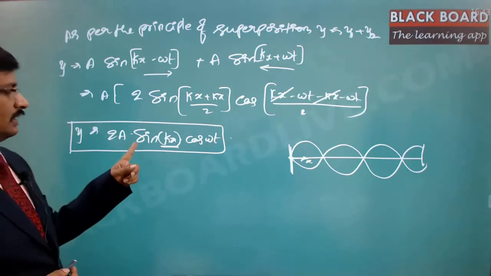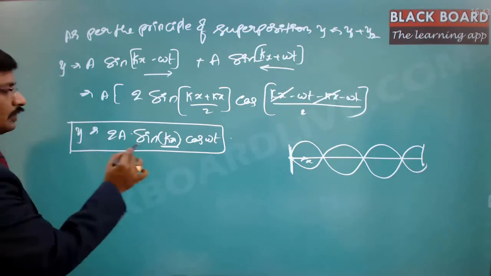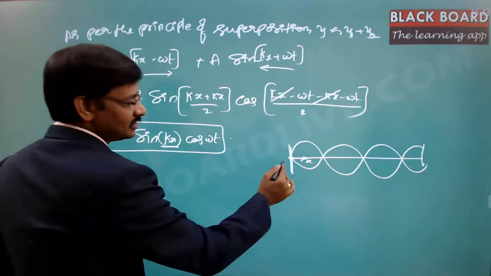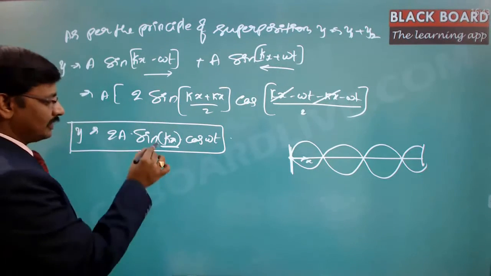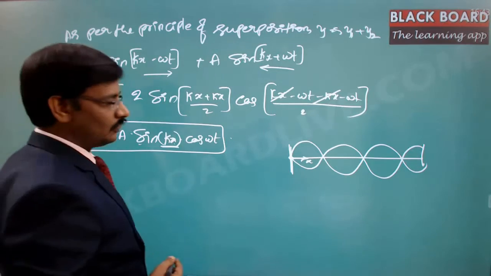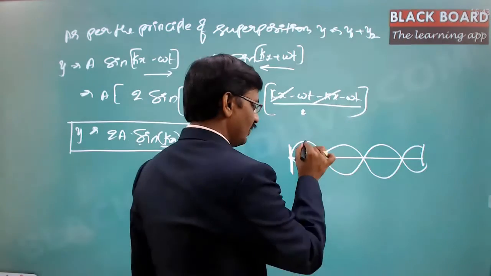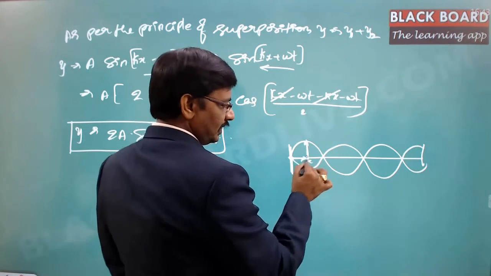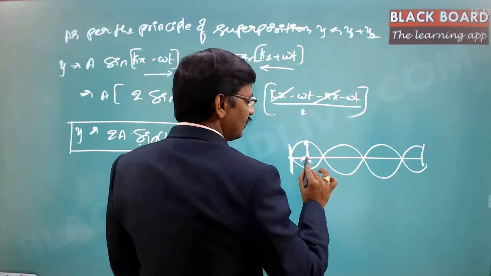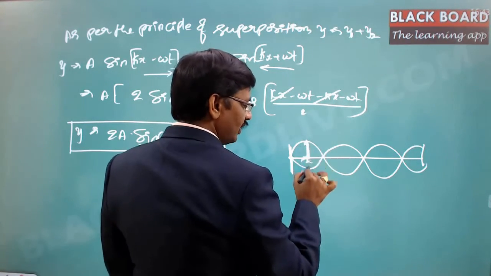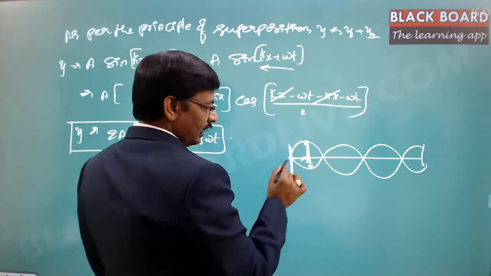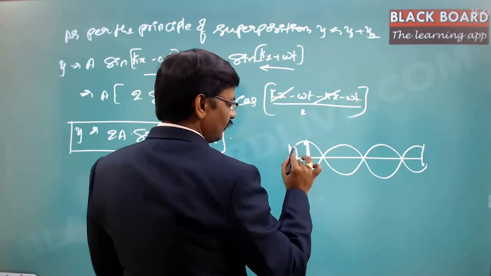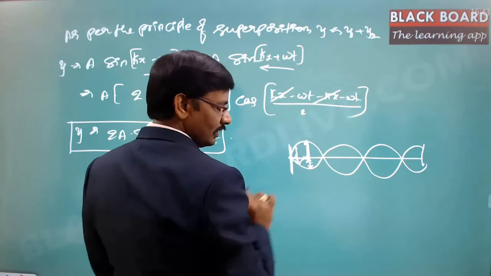If you notice, the maximum amplitude is going to be decided by the displacement from the origin. So that means sine of kx value is the maximum here, and the particle of the string at this particular point is always deviated by the maximum value on either side. And here it is deviated by a smaller value than the maximum value.